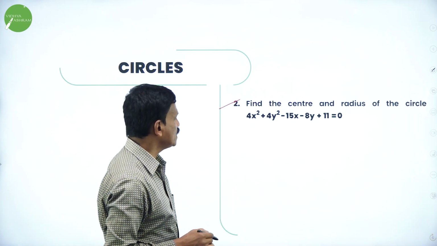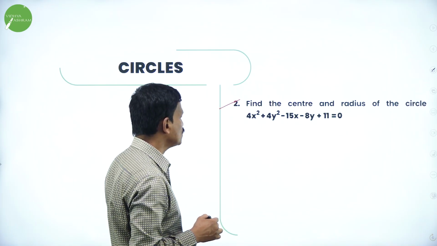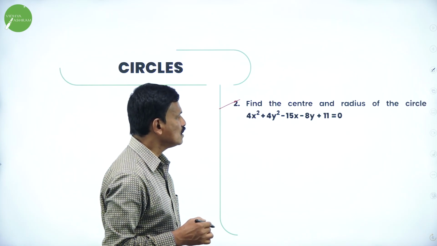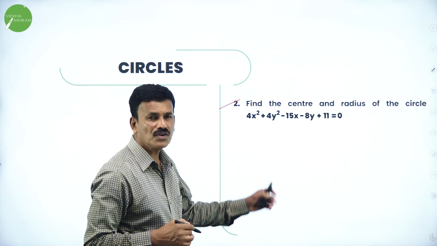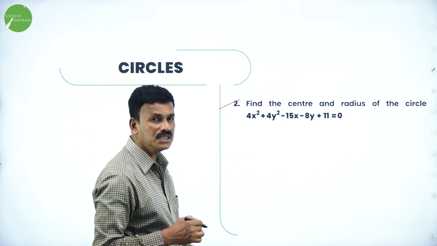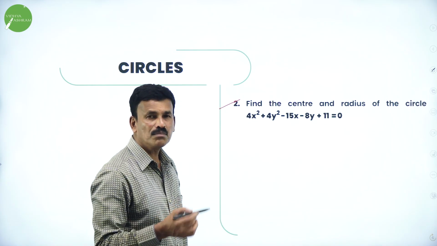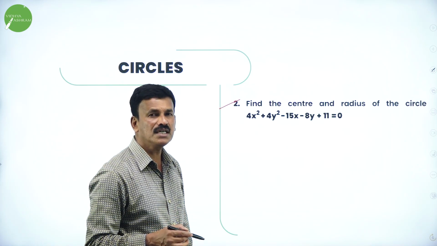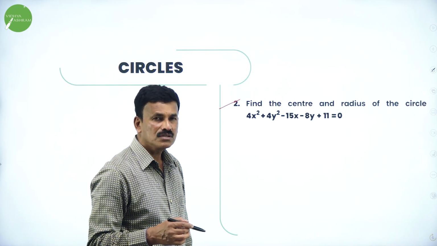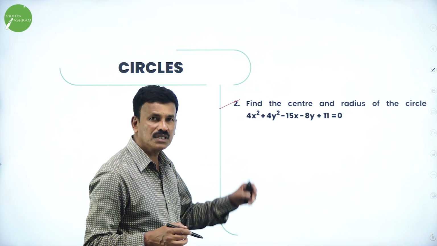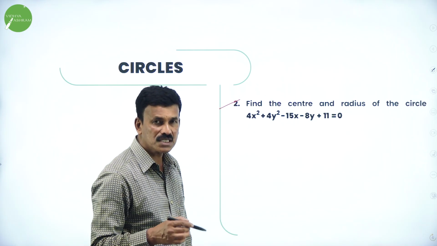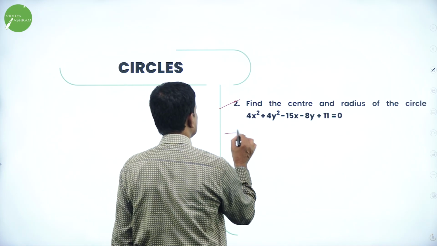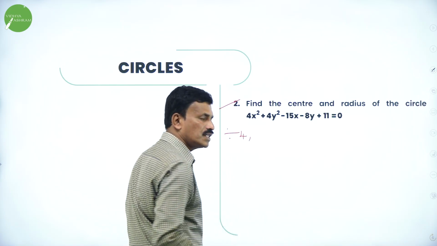Find the center and radius of the circle 4x square plus 4y square minus 15x minus 8y plus 11 is equal to 0. If you observe carefully, this is of the form ax square plus by square. But the standard equation of the circle is x square plus y square, so the values of a and b should not be greater than 1. If such is the case, divide by the constant, divide by 4.